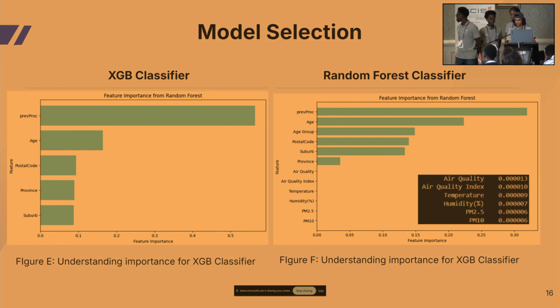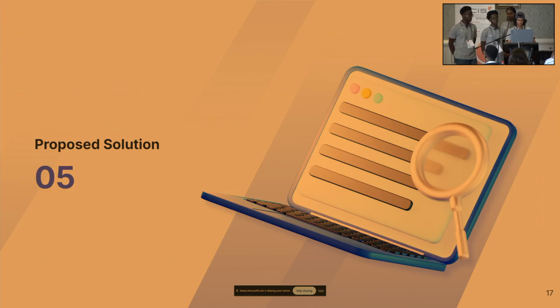Even though they do not show up on the graph, they do affect the classifier's performance. And now for a proposed solution, which Vutomi will take you through.